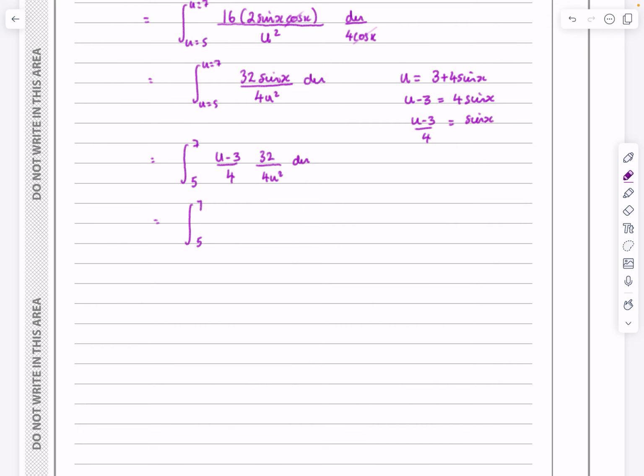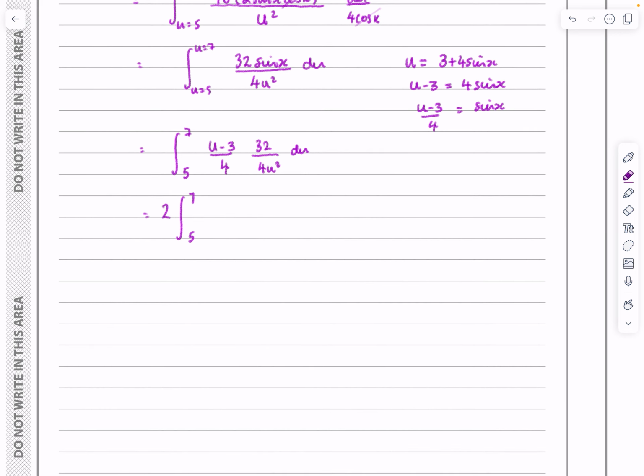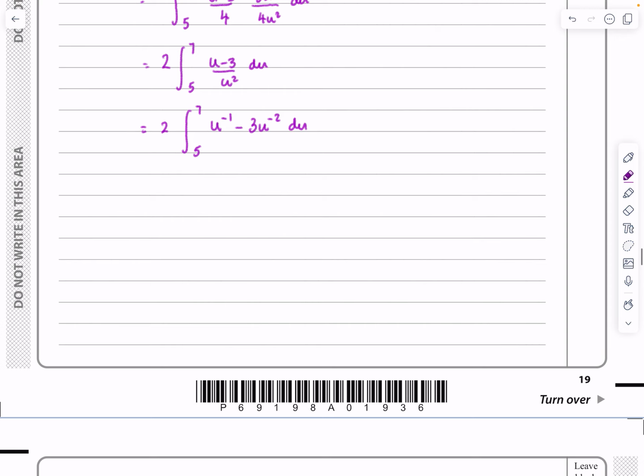We've got 32 over 16, so that's 2. I'm going to leave the 2 on the outside here. I've got u minus 3 over u squared du, which I can split up into two parts now. u over u squared is u to the minus 1, and then 3 over u squared is 3u to the minus 2 du. So I've finally got it into a stage where I can go ahead and integrate this.